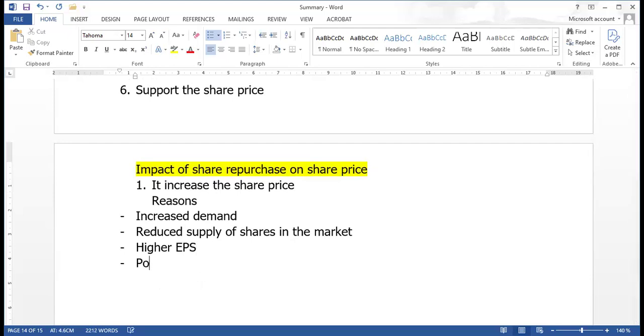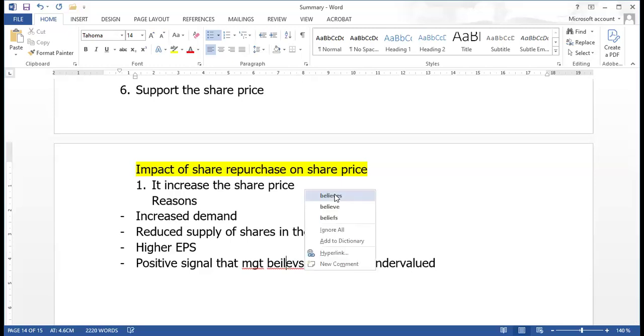If there is a positive signal that management believes shares are undervalued, highly likely you will have interest in buying those shares.